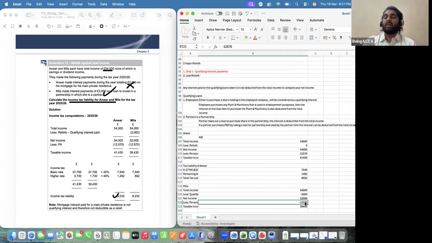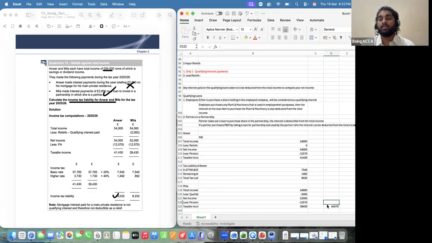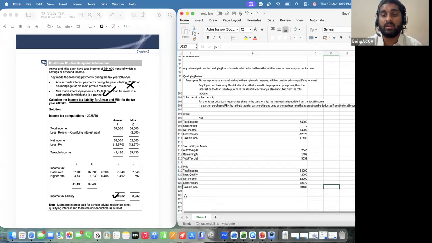Always remember, if you use a minus symbol appropriately, then you can directly use the sum function. But if you are not using the minus symbol, then alternatively you should do this minus personal allowance. Here I've used the minus symbol, so that is not required, but otherwise it is something that you should follow. Now we have calculated the taxable income.